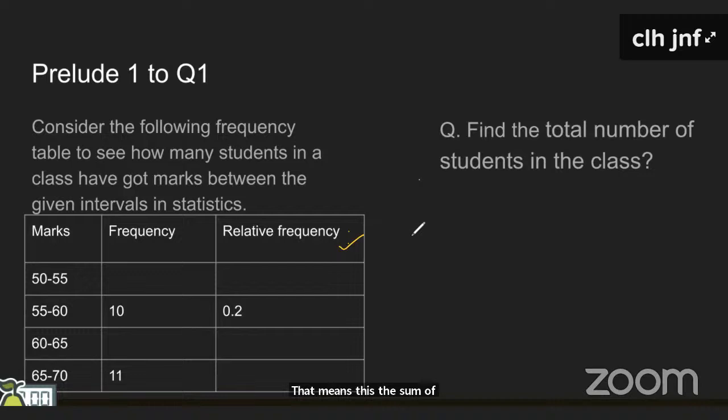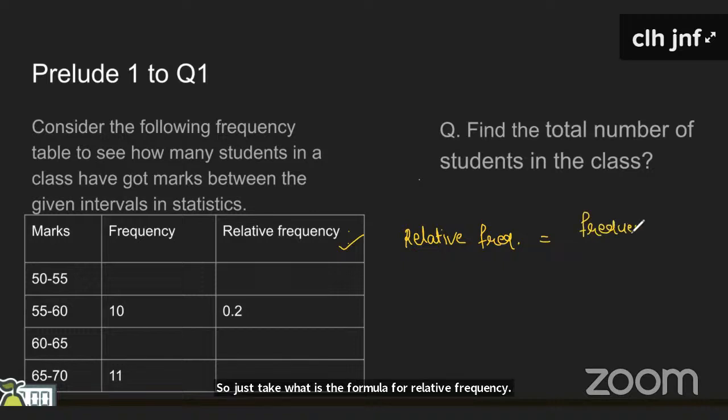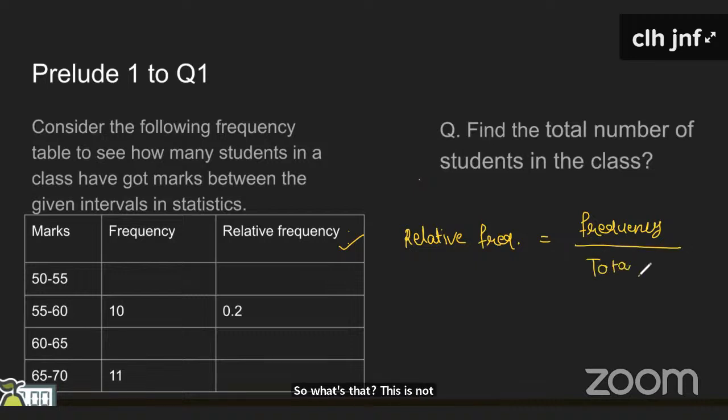Fine. So just tell me, what is the formula for relative frequency? This is nothing but frequency by the total number of observations. So for this particular category, when students are getting marks lying between 55 to 60, this is one particular category, right?